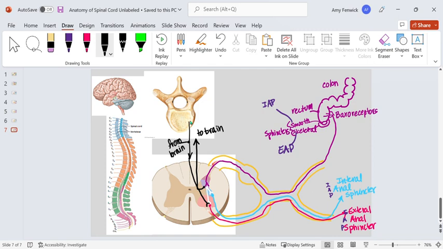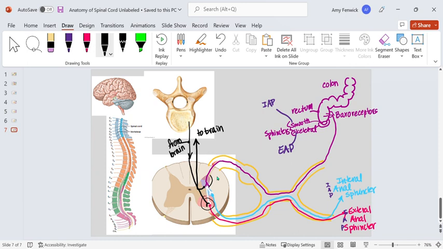But depending on that type of information, we still synapse in these gray matter areas. So we can say in the anterior horn, we synapse sensory information. In the posterior horn, we synapse sensory information. In the anterior horn, we synapse somatic motor information, right?